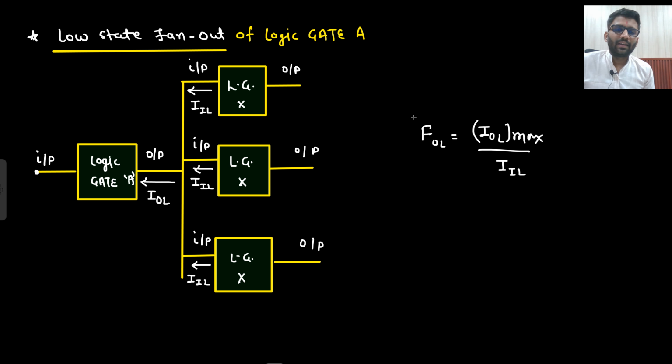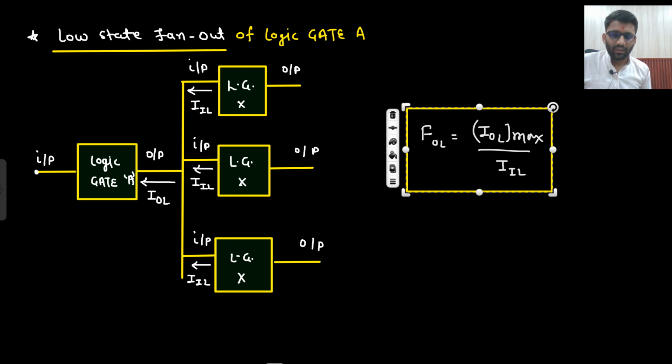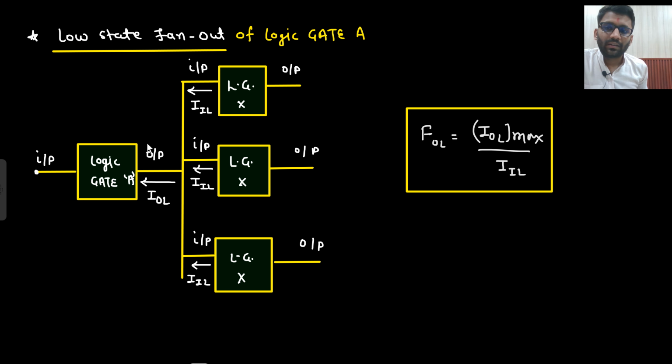In low state, logic gate X will provide 5 milliampere, and the maximum current this logic gate A can take is 15 milliampere. If you apply more than that, then there is an issue. In low state, how much current are you providing? 5 milliampere.